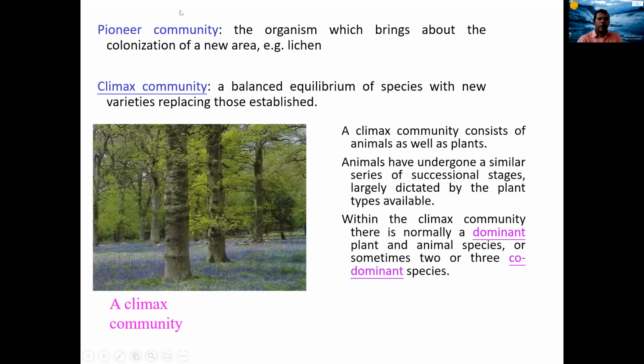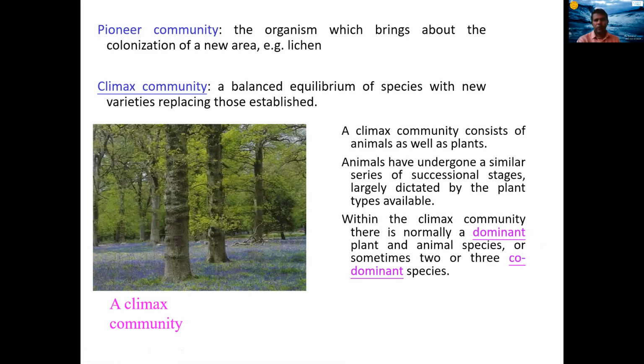All right. So from the pioneer community, they will move into a climax community, a much more stable community, and that will take several steps before the pioneer community becomes a climax community.